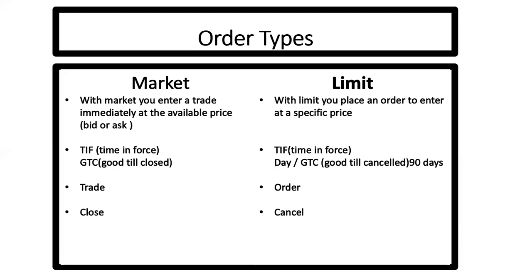Because it simply means that if the value I specified I want to enter at is not reached by 5 o'clock today, that order must just automatically cancel. I don't lose anything, I don't make anything because I never entered the market. If the bus does not come back for me by 5 o'clock, let it go. The trip is canceled. You don't pay anything, you don't lose anything.